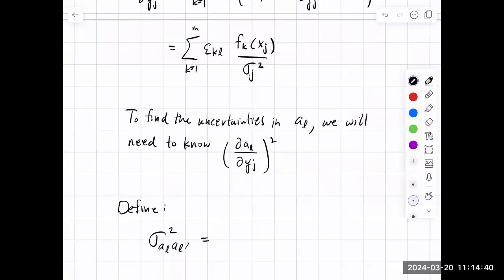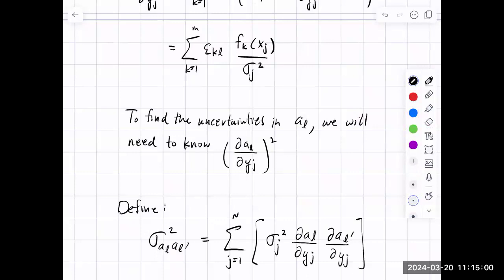So it's going to be the sum of J equals 1 to N of sigma J squared, and then it's going to be DAL DYJ, and then DAL prime, oh, sorry, DYJ. So that's the thing I wanted to find.